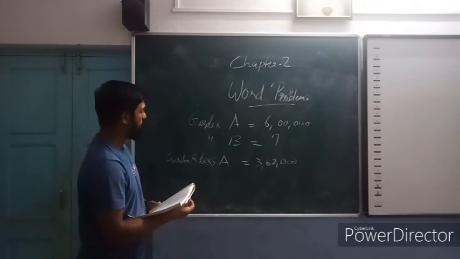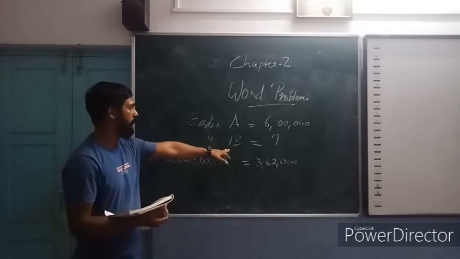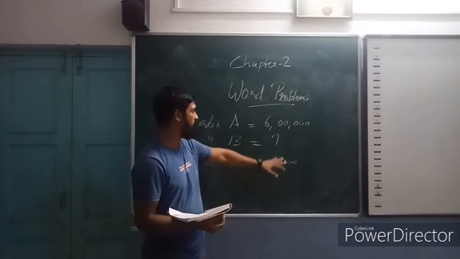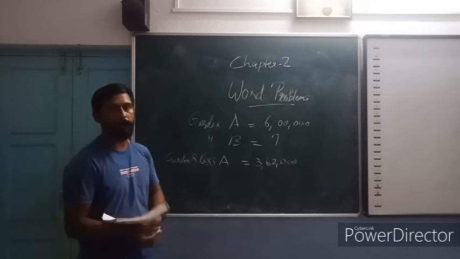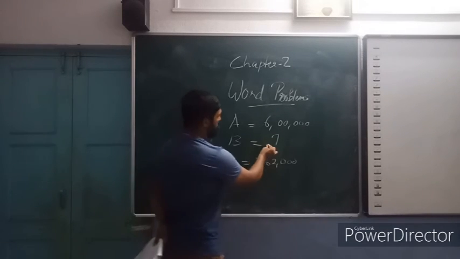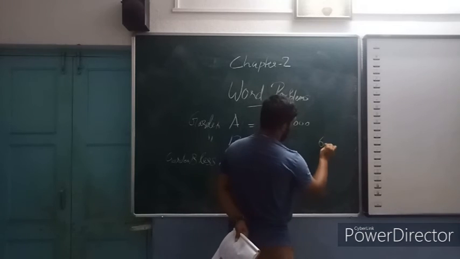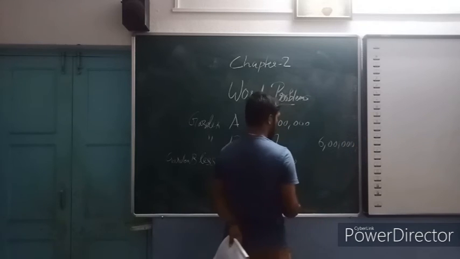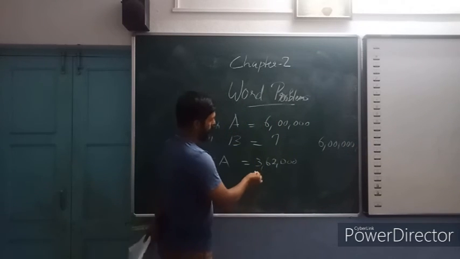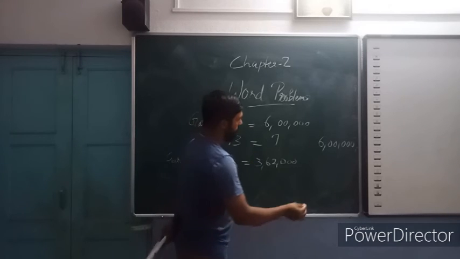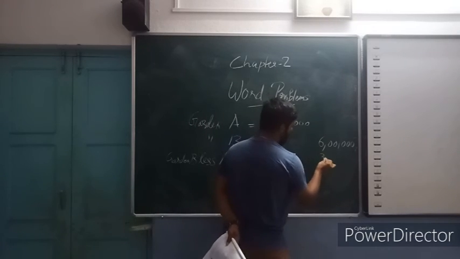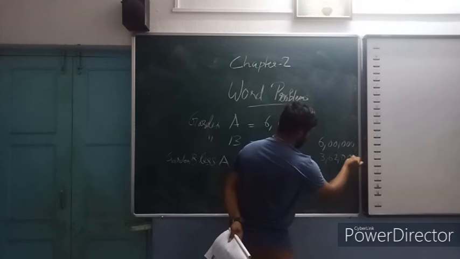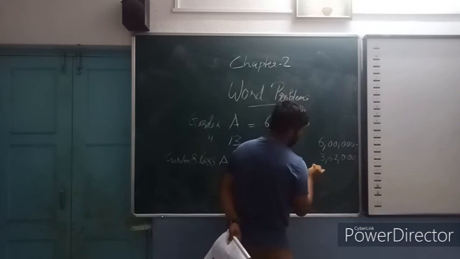So in order to find how many flowers are in garden B, what should we do? We should subtract 3,62,000 from 6 lakh. Then we get the number of flowers in the garden. How do we do it? First of all, we have to write the number 6 lakh according to place value. Then we write how many fewer flowers are in garden B. It is 3,62,000. And we have to subtract.